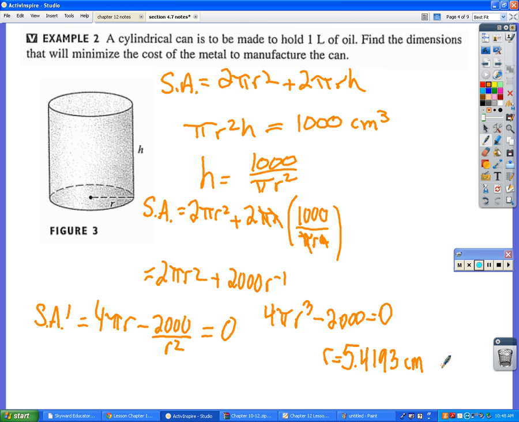Or you can use a sign chart. So if I plug 0 into here, then that gives me a negative answer, right? And so that means to the left of this answer is negative, to the right is positive. So since it's going from negative to positive, that also means that it is a minimum, okay? What did you get for the height? 10.83.